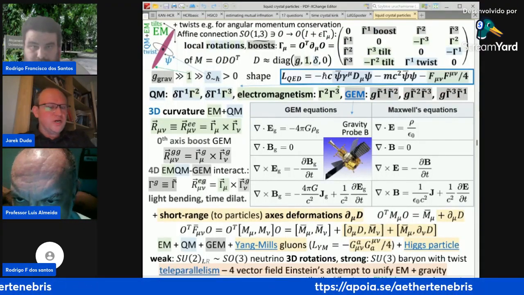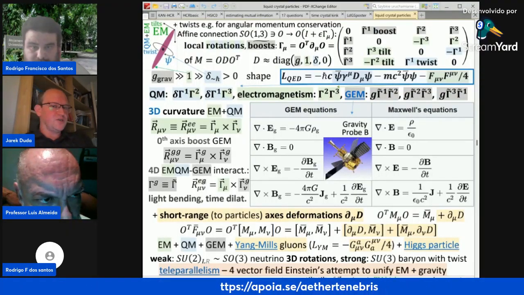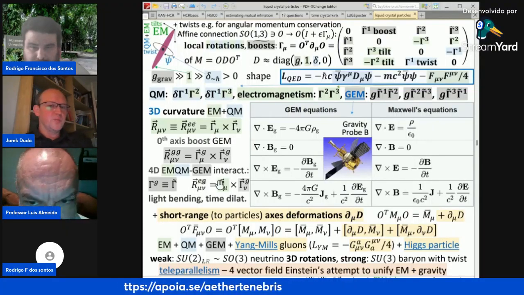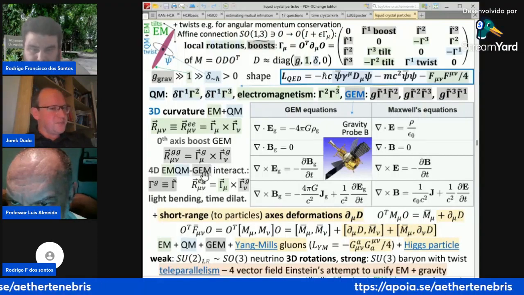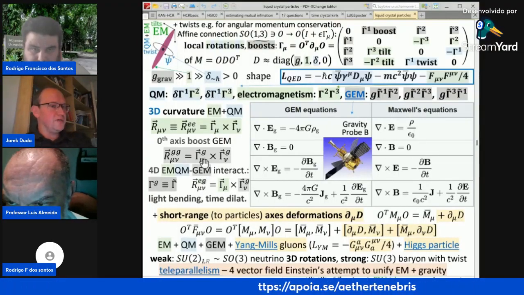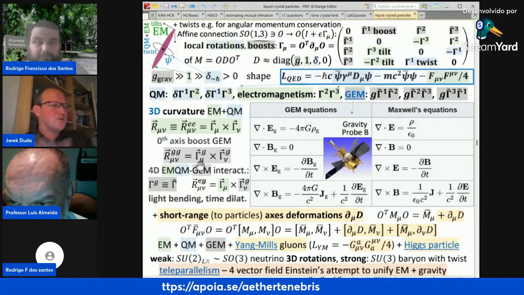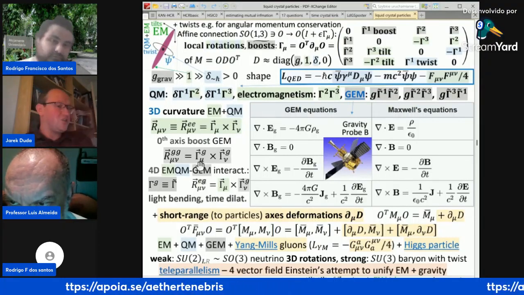We also get electromagnetic-gravity interactions. For example, in a high gravitational field, the electromagnetic propagation should slow down. This is also studied by Dicke, but Einstein also.